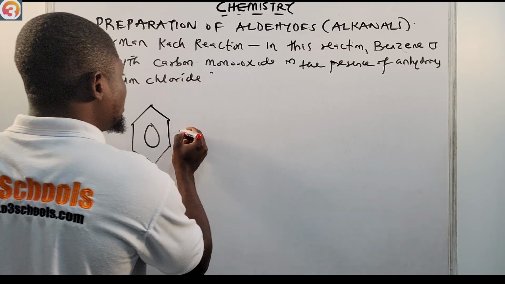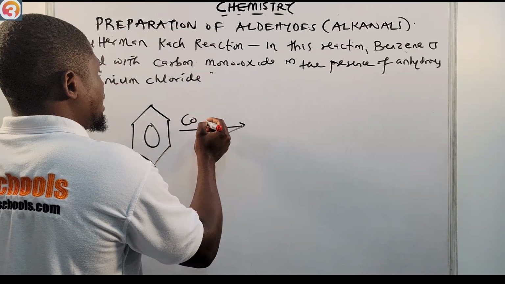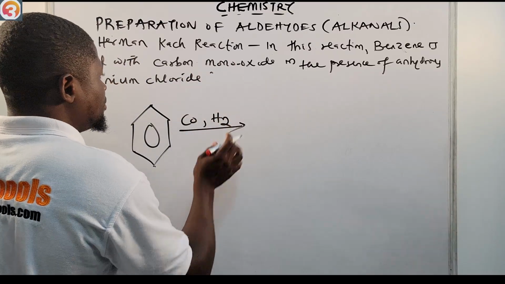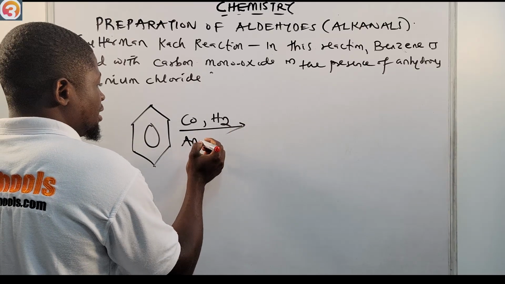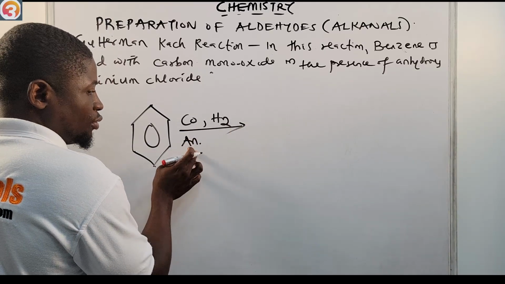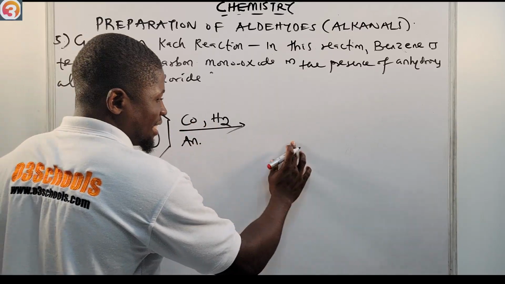So it's being treated with carbon monoxide, hydrogen, and then here in the presence of anhydrous. Please take note, I'm just putting An. to represent anhydrous because I do not want to write everything out.